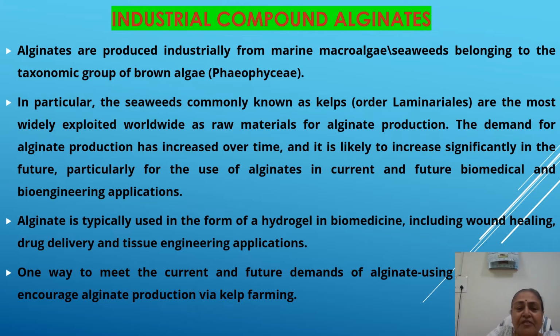The demand for alginate has increased over time, and it is likely to increase significantly in future, particularly for the use of alginate in current and future biomedical and bioengineering applications. They are a part of many medical products and treatments, and that's why they have great industrial value.